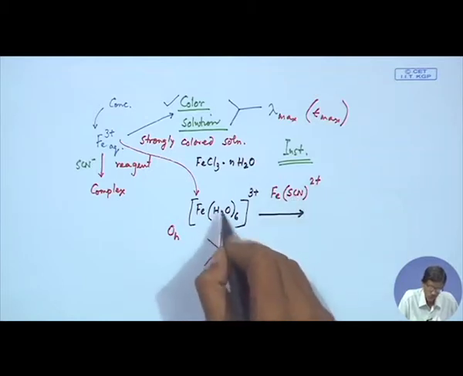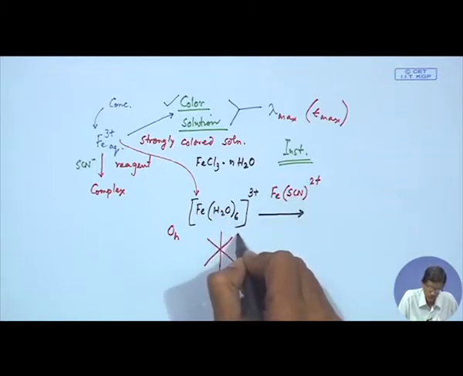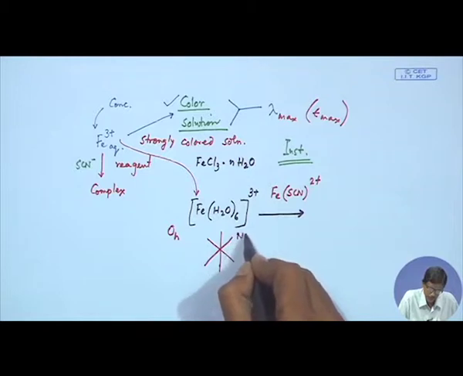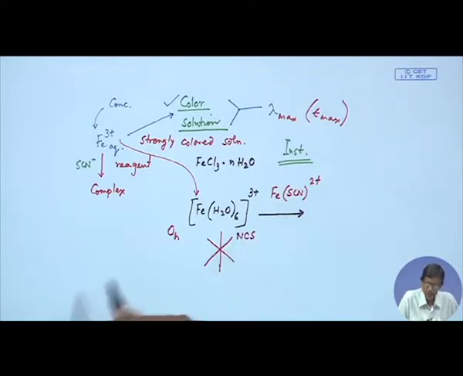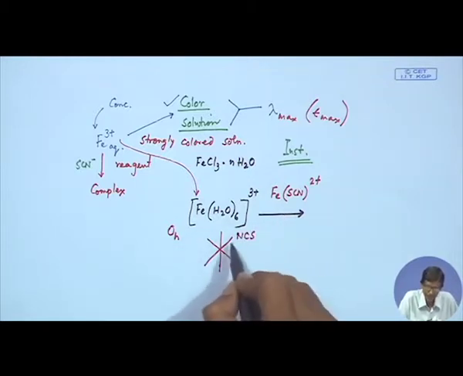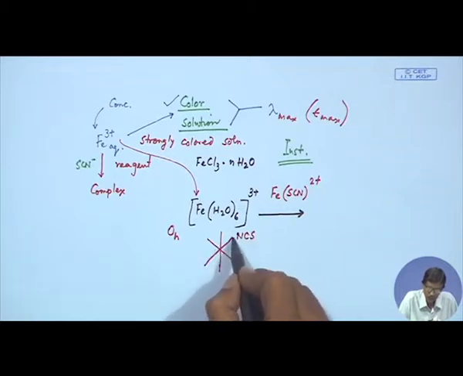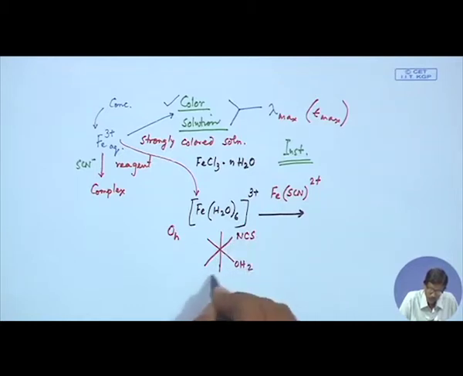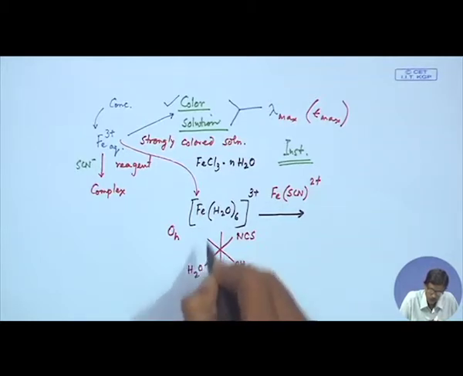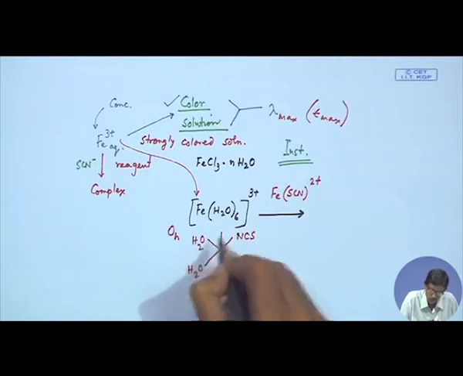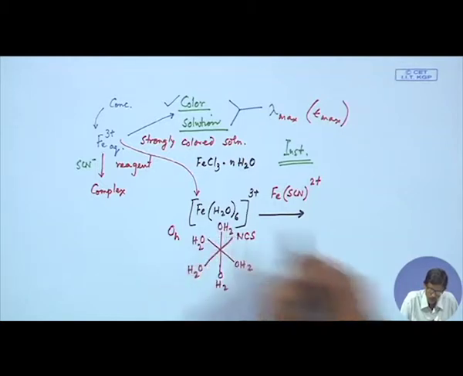So, one of the water molecules around the iron is replaced by NCS, because it is an ambidentate ligand and can bind to the iron center through nitrogen or through sulfur, but here it binds through nitrogen, and all the other positions are occupied by OH2, OH2, OH2 and OH2.